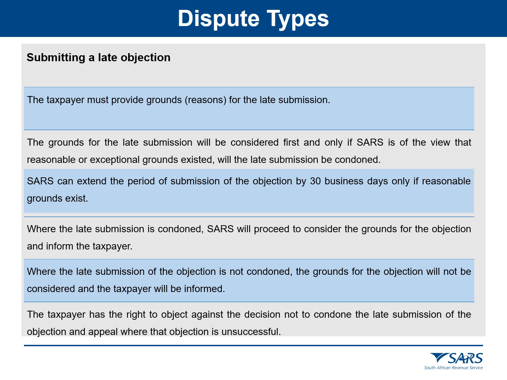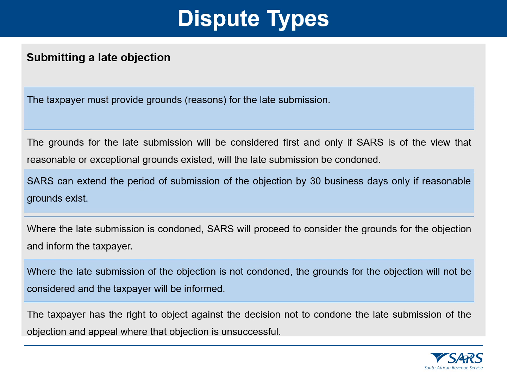Submitting a late objection. It should be noted that on the landing page for disputes, there will be a section available for condonation. The condonation section needs to be completed if the objection is being submitted late. The taxpayer must provide reasons for the late submission.